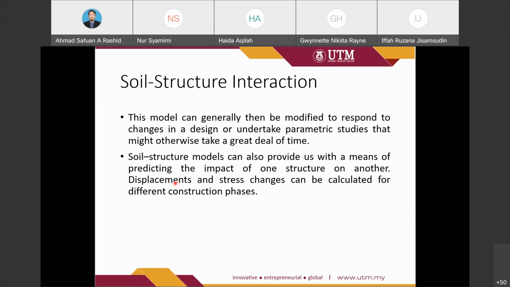So at the end of the analysis, we can identify what the displacement and the stress changes will be due to this SSI approach, because at the end we want to determine the capacity of the soil, and whether any huge displacement occurs due to this SSI effect.